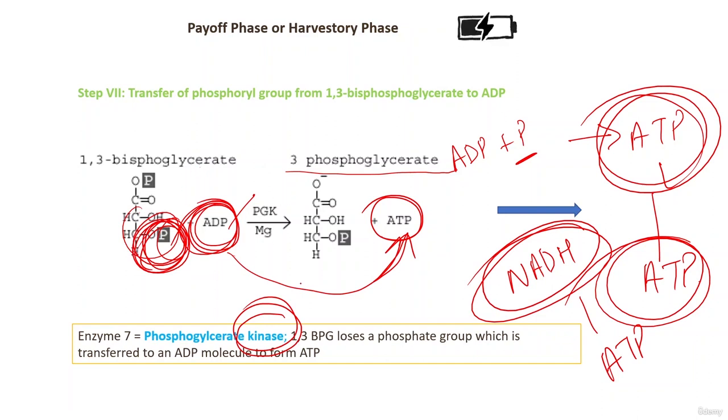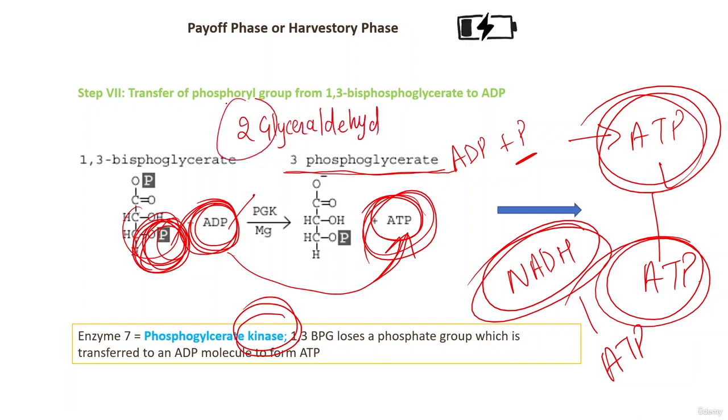All you need to remember is that we are doing this whole process twice, because we have 2 glyceraldehyde 3-phosphates.